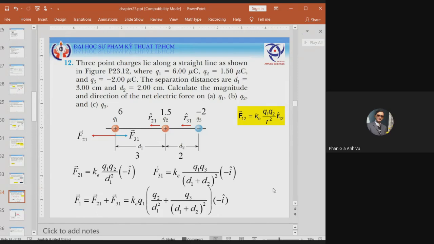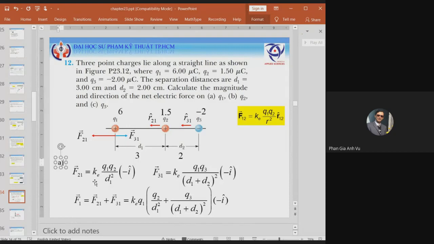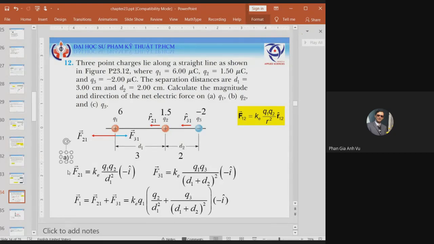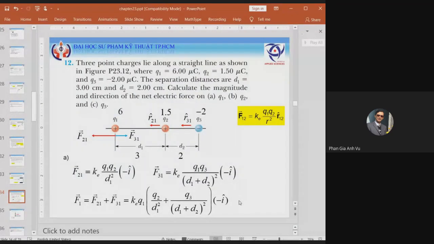So let's use your calculator. Okay, Hong Phong got all the three answers for A, B, and C. Very good.